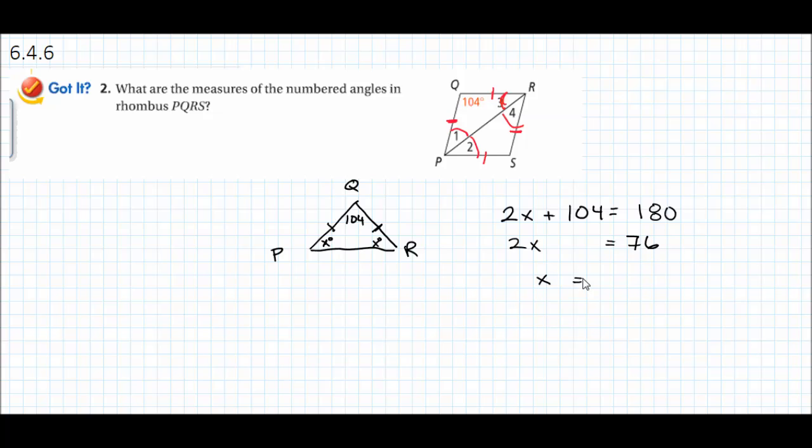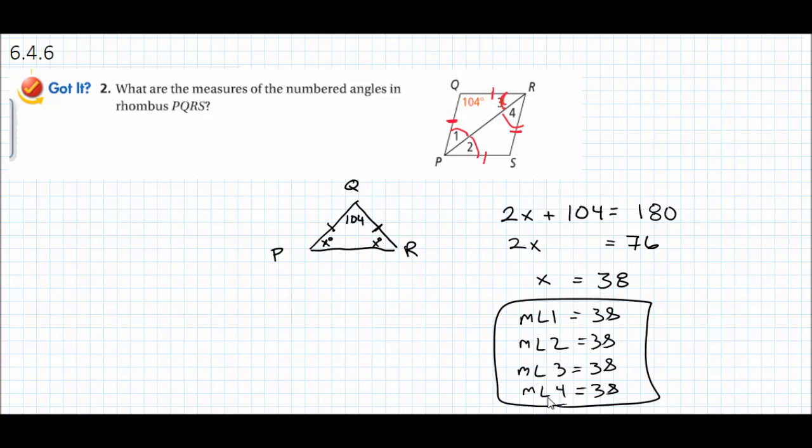Divide each side by 2, so x equals 38. So the measure of angle 1 is 38, which would be the measure of angle 2, which would be the measure of angle 3, which would be the measure of angle 4. They're all 38 degrees.